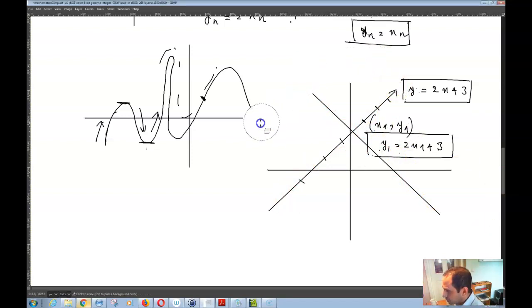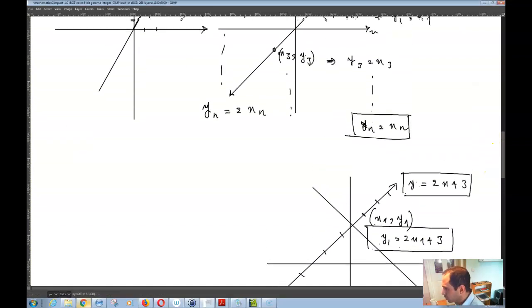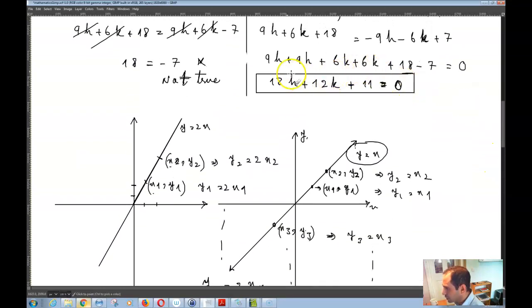Now, I said all of this because I wanted to show you this, and based on that I wanted to conclude that, since now I got at some point h and k this relationship between h and k, I can generalize it to every point on the graph of the function and say that instead of h I can write x, instead of k I can write y, and I can write 18x plus 12y plus 11 is equal to 0.